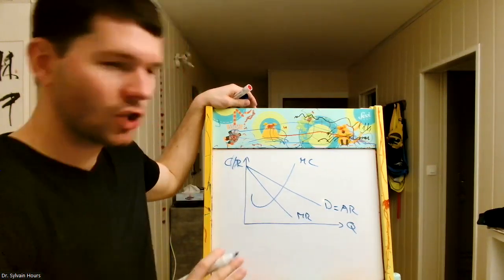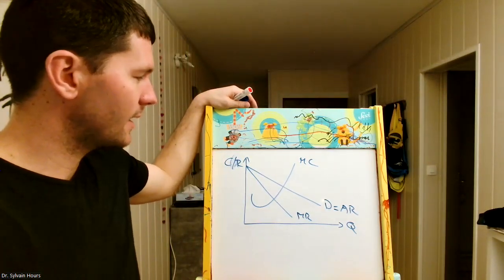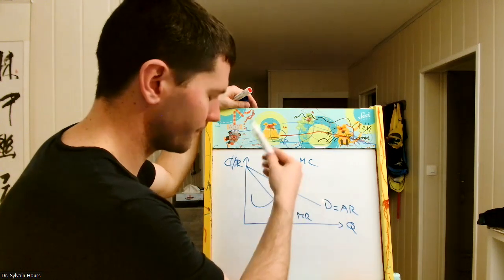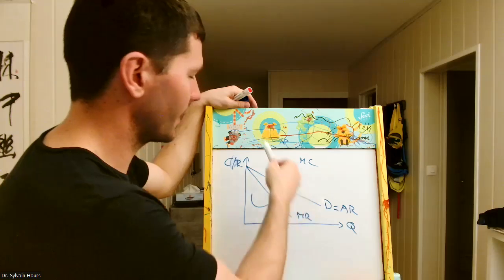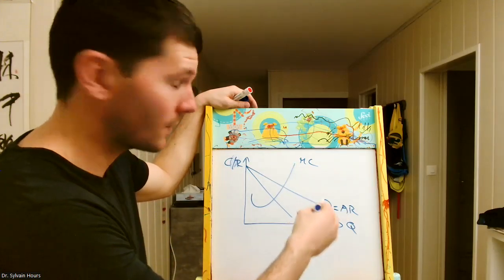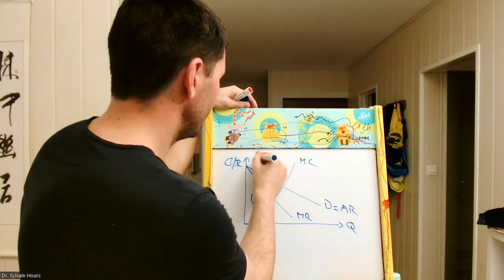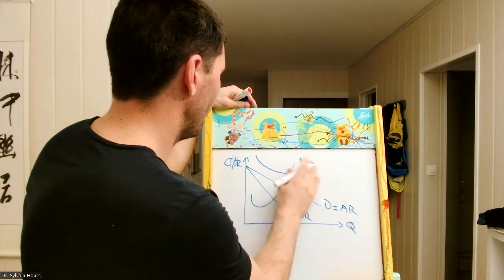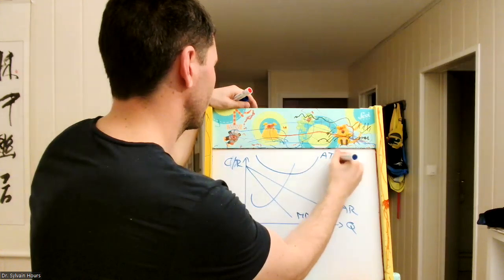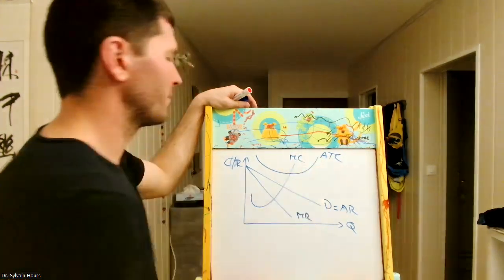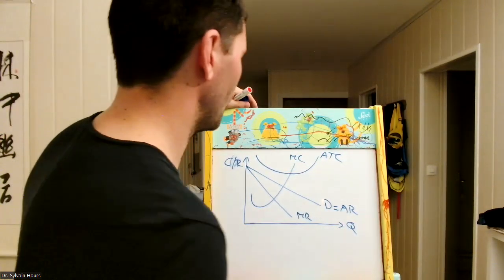The only thing that's going to change now is that instead of graphing an ATC curve that cuts the demand curve, I'm going to graph an ATC curve that is above the demand curve. You'll see that the difference is quite important.